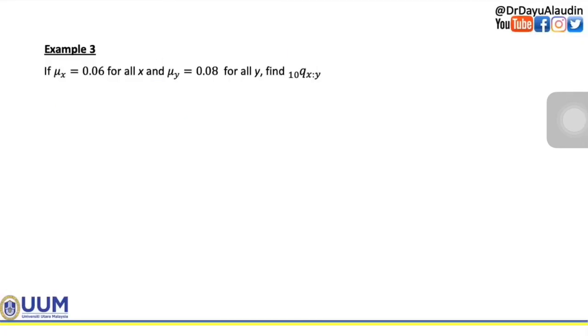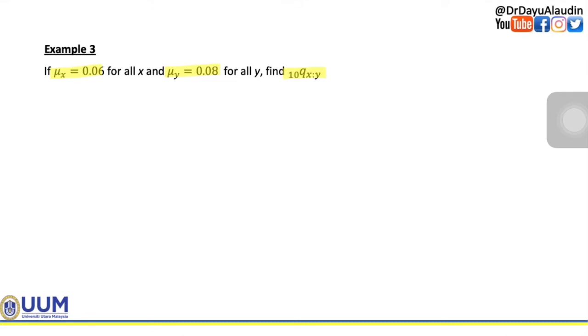Alright, so we go to example 3. If mu x is equal to 0.06 for all x and mu y is equal to 0.8 for all y, find probability of death for x and y for t years. So mu is force of failure or force of mortality.